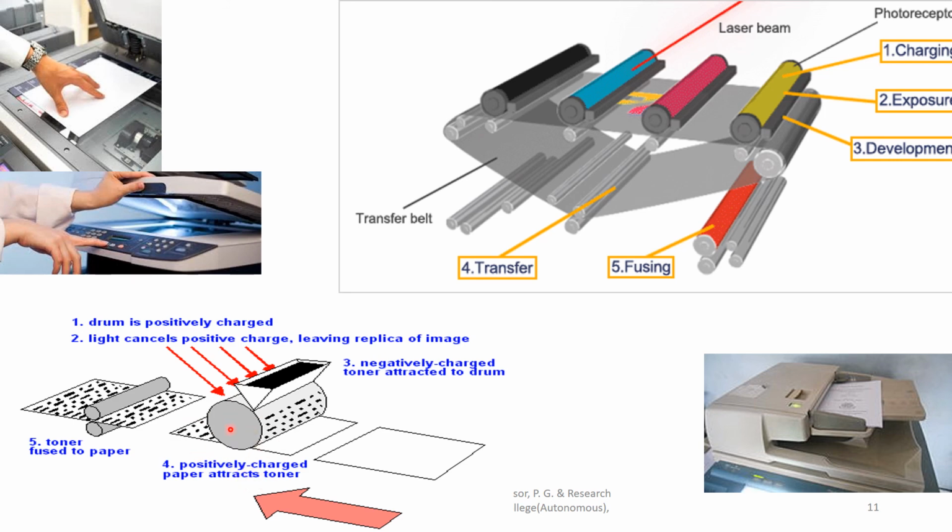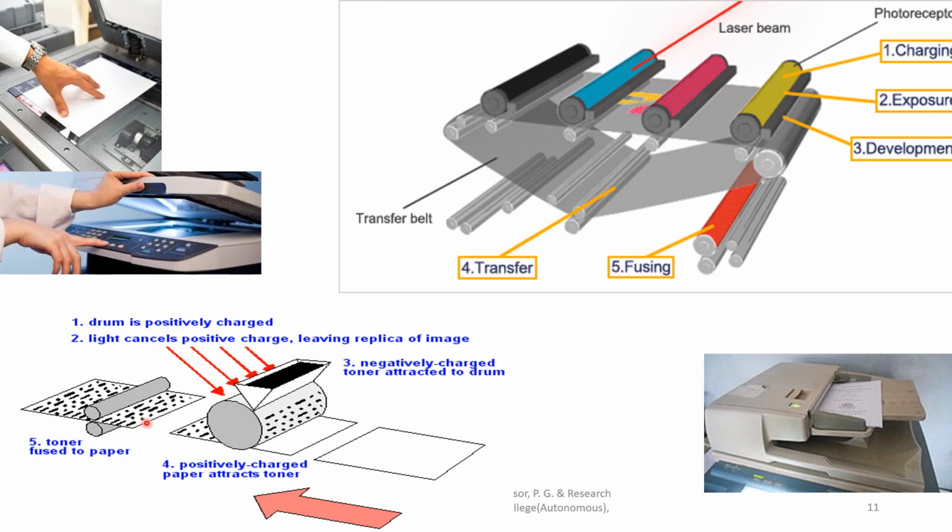Next step is the transfer of the image onto the paper. That is, the developed image is transferred to paper moving parallel to the photoreceptor by electrostatic means, leaving the replica of the image on the document.